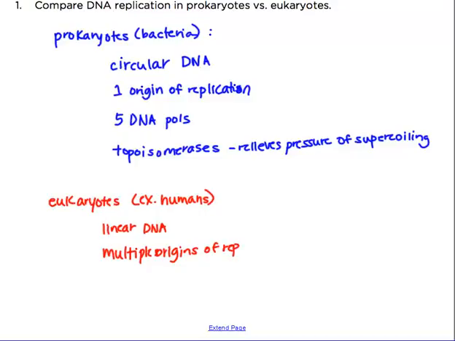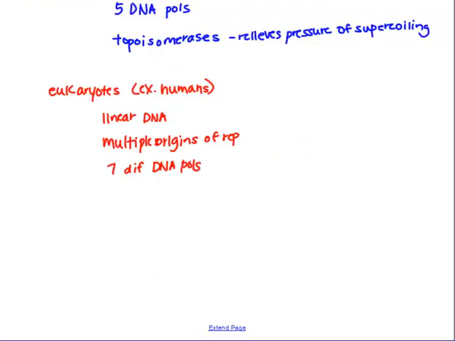We have at least 7 different DNA polymerases. And we also have an enzyme called telomerase, and that replenishes the telomeres that are on the end of our DNA.